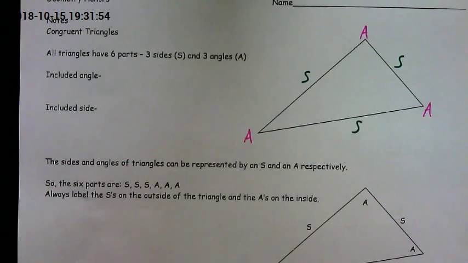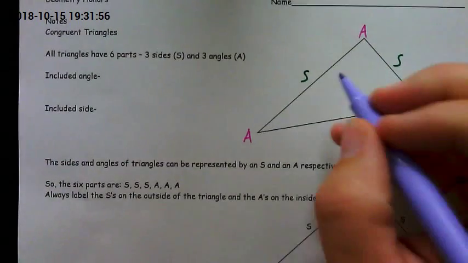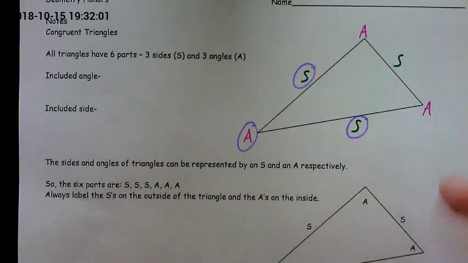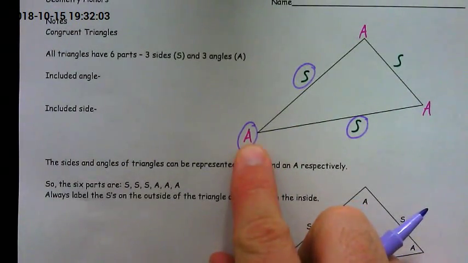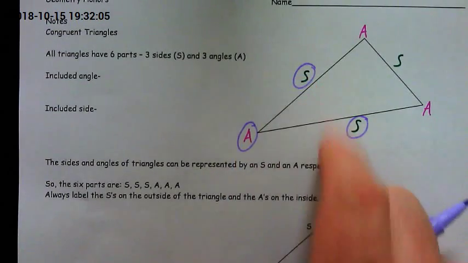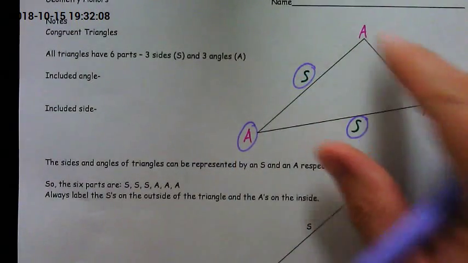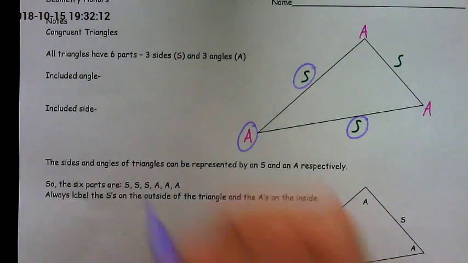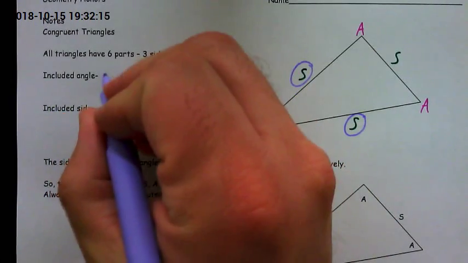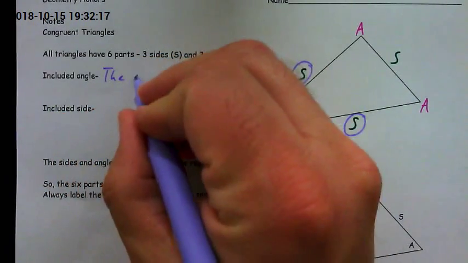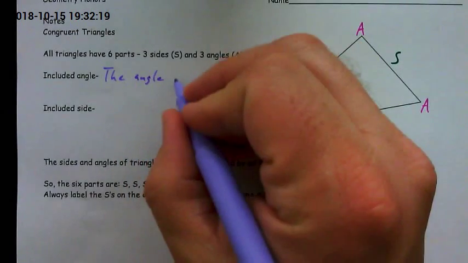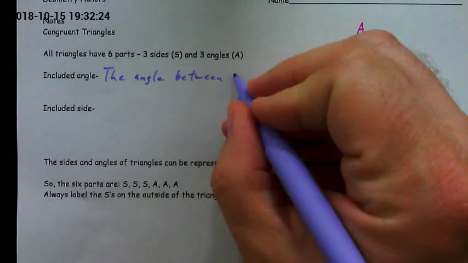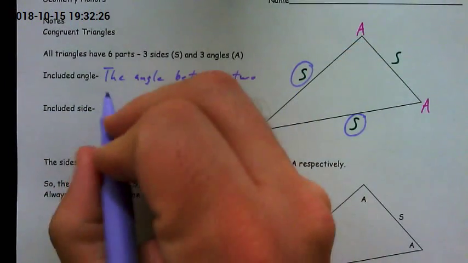But if we look at specific combinations, so if I was talking about these 3 pieces here, this A would be included between these 2 sides, whereas these 2 angles are non-included with these 2 sides. So included angle, the angle between 2 sides.